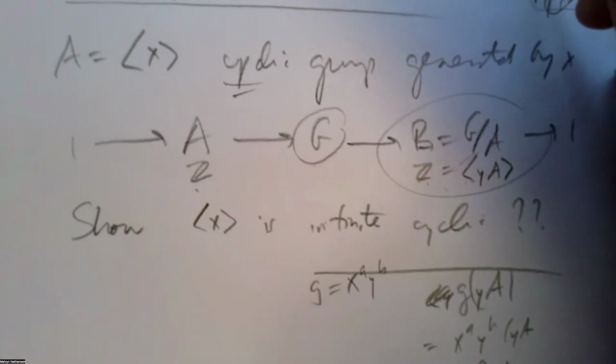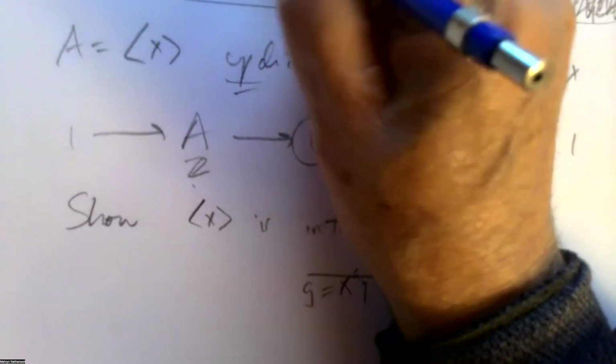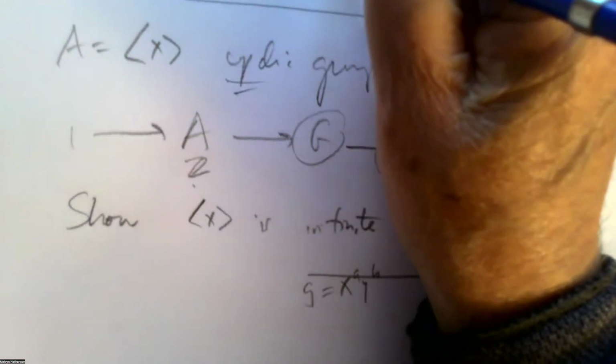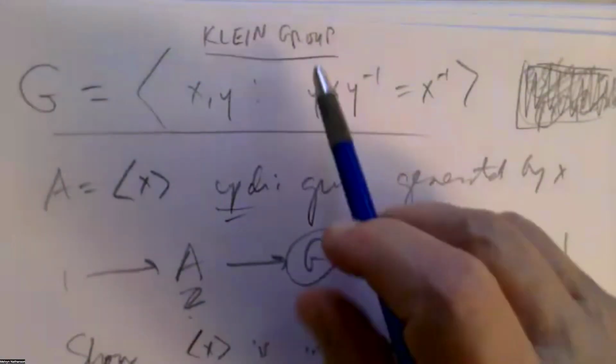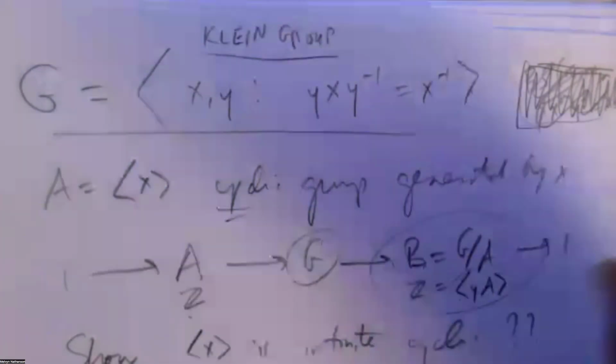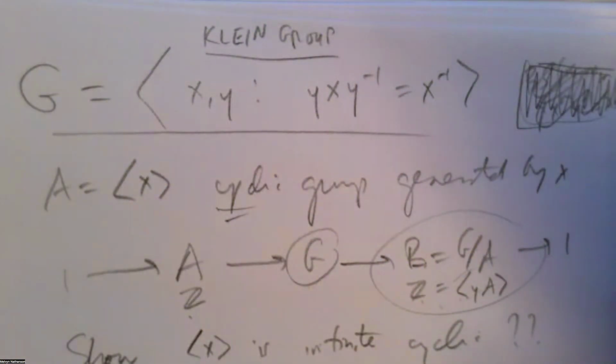Right. But I mean, this situation is quite rigid and very different. You have an element that may be of infinite order. It's not a torsion element. By the way, one name for it is the Klein group, not Klein 4 group, but it's sometimes called the Klein group.